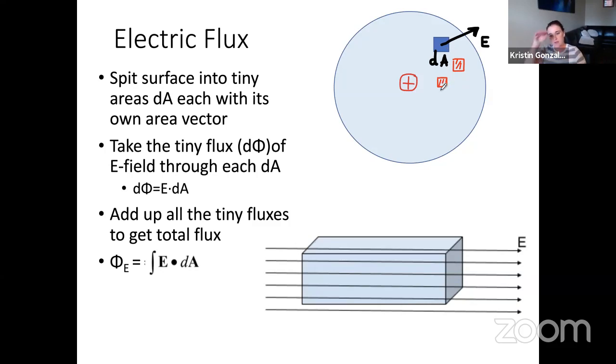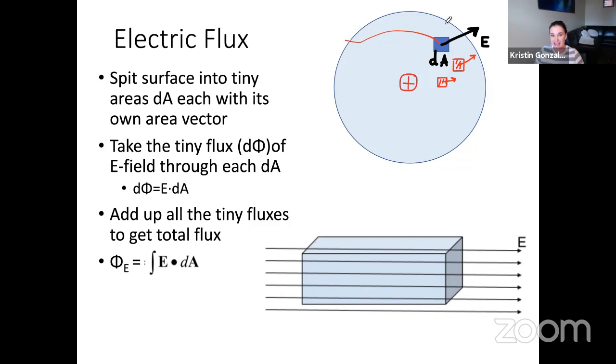And if we think of what's normal to that surface, then we can look at the electric field lines going through each of these surfaces, right? And since it's a 3-dimensional surface, they're going to be coming out in all different directions. Some will be coming right out at different sides. And so we can find, well, what would be the flux of just this one?